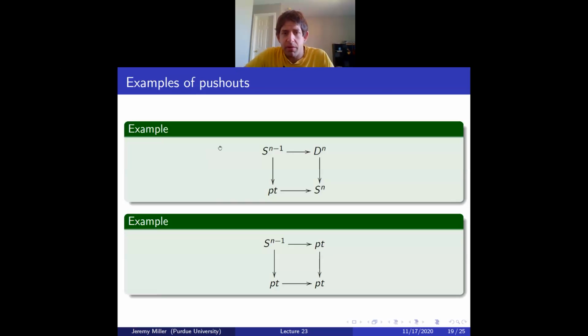Here are some examples. If you take the pushout of an (n-1)-sphere mapping into an n-disk, and an (n-1)-sphere mapping to a point, then the pushout is going to be an n-sphere.